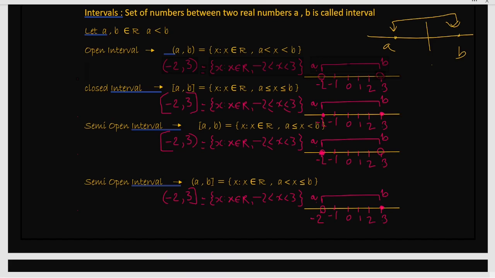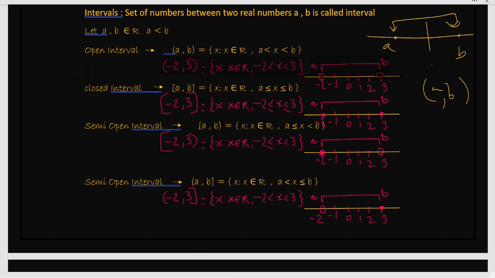So an open interval means, as I said, for example, let us see (-2, 3). You can see -2 here and 3 here. Both are not included in this.